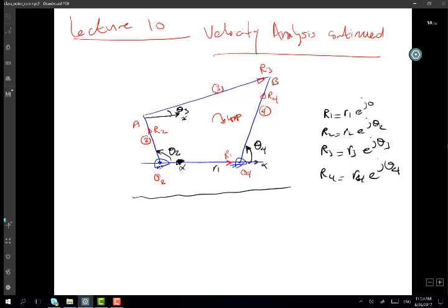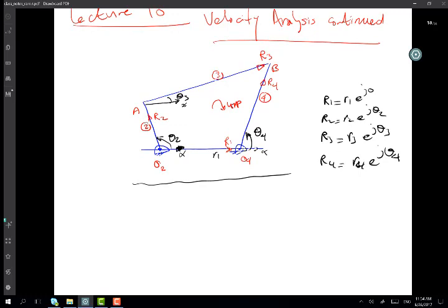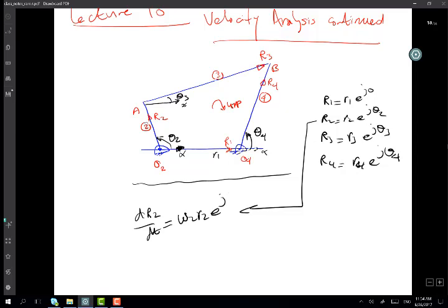Now I wanted to say here, again, I'm just repeating something I said before, that I want you to be aware of: if I differentiated this vector R2, dR2/dt, this will give me omega 2 R2 e to the j (theta 2 plus 90 degrees, or pi over 2 if you like).